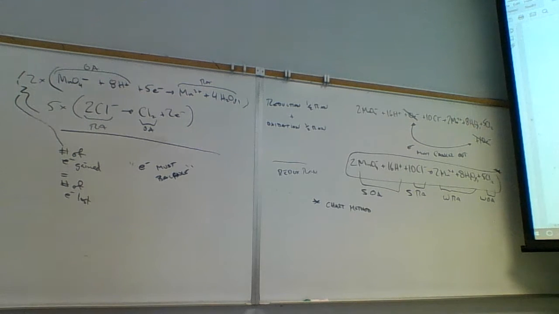What's the strongest reducing agent on the chart? Lithium. So let's go up from lithium and we look. What is a stronger reducing agent? Water, which is here, and water here, or chloride, which is here?